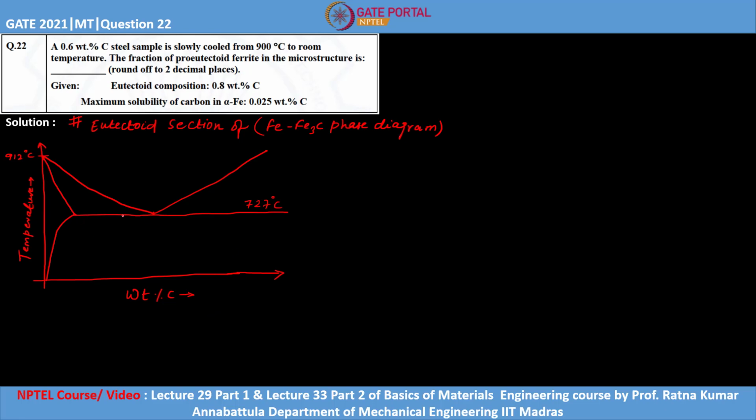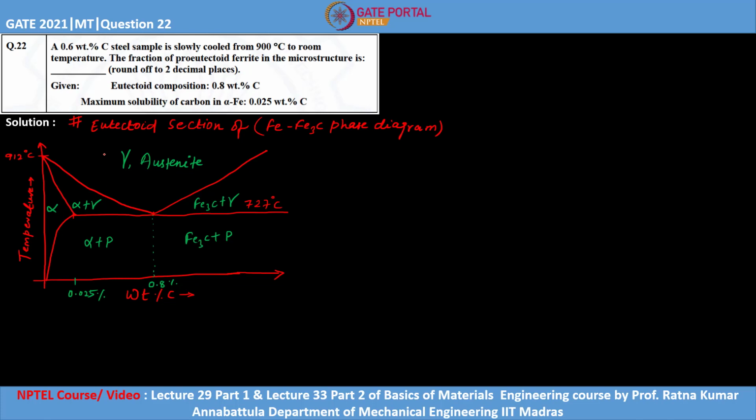So this is basically our eutectoid temperature, and if you mark the phases on this diagram, here we have the single phase region of austenite, and this particular composition is 0.8 weight% carbon, which is the eutectoid composition here, and this point is the maximum solubility of carbon in single phase alpha.